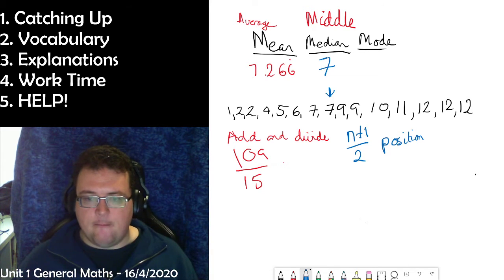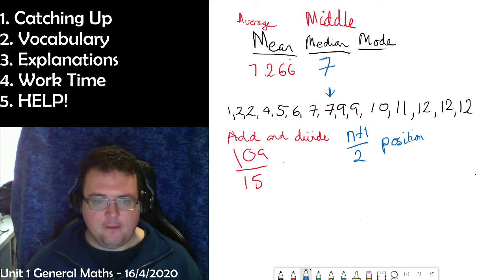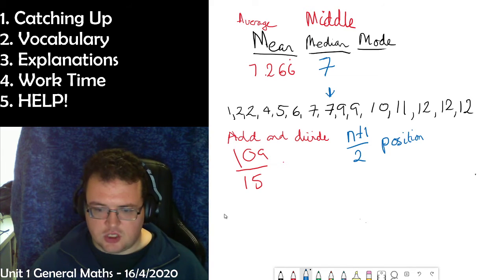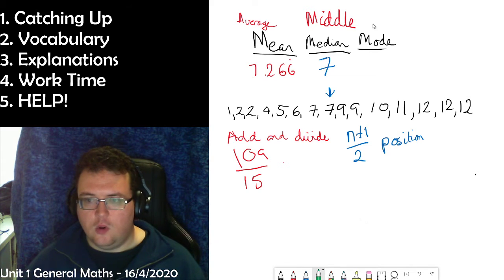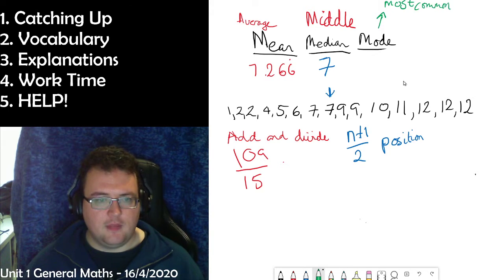Alright, and our mode. What we're looking for in a mode is the most common number. So, which number shows up the most? Most common number.